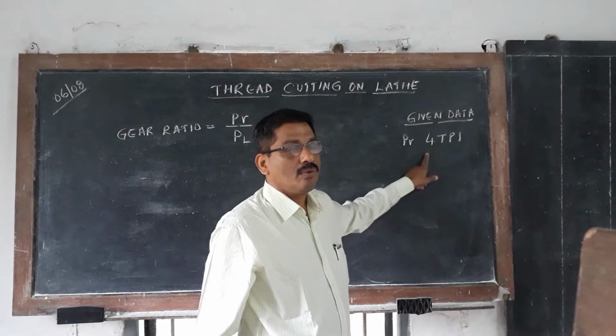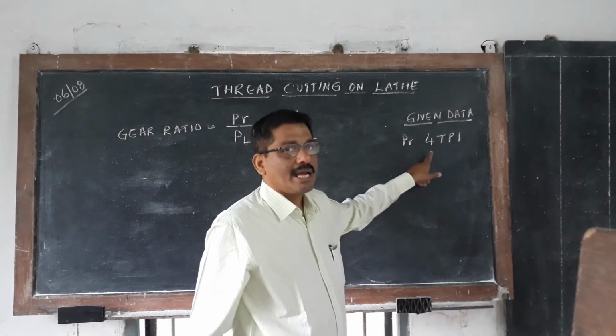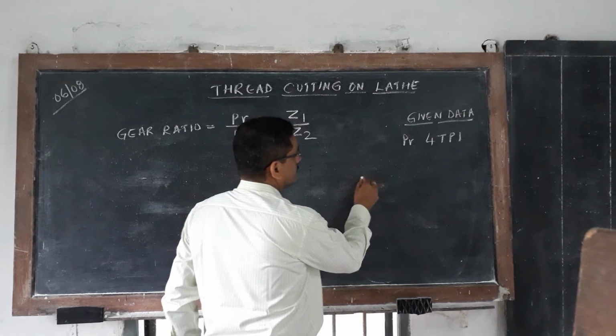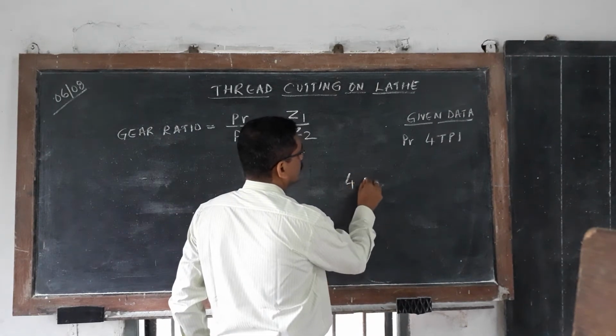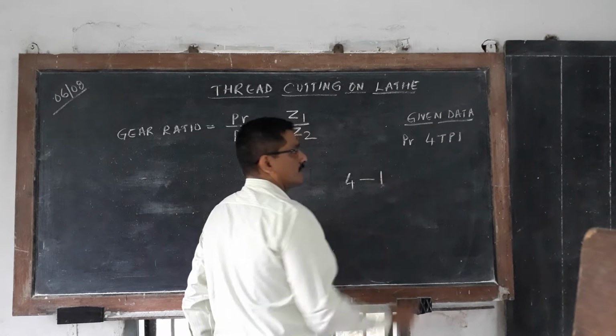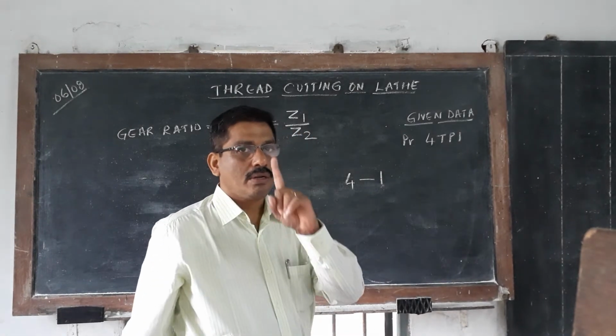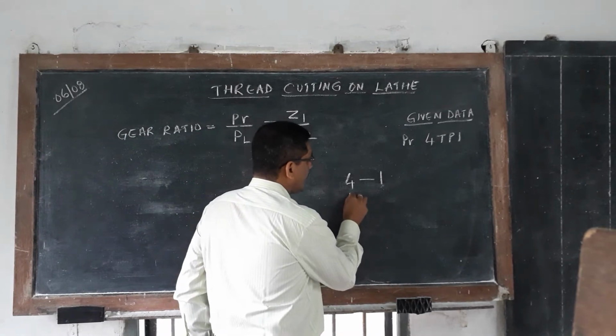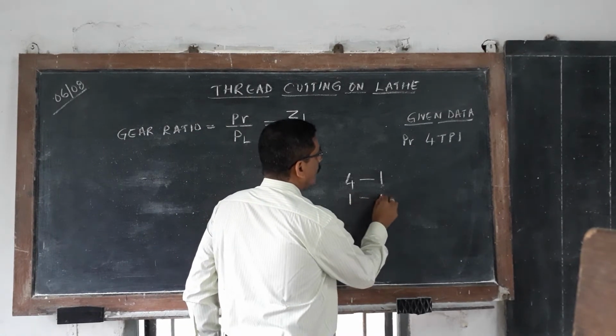You just see what happens when you do the calculation. Now you see, 4 threads for 1 inch. That means one thread is equal to how many inches?